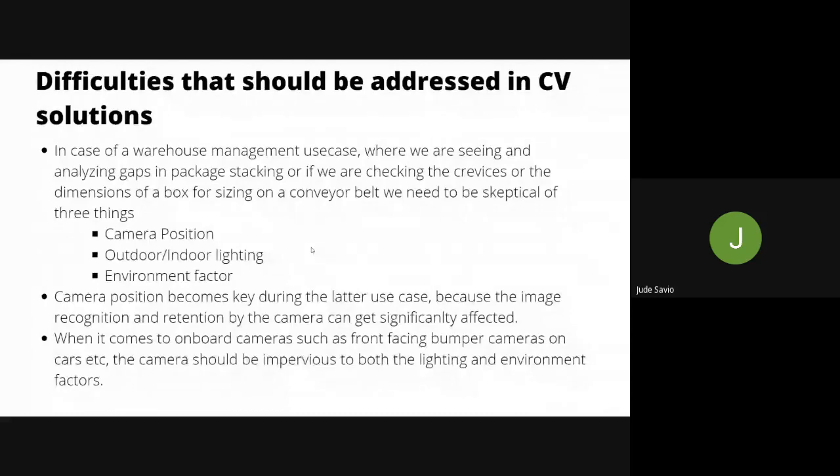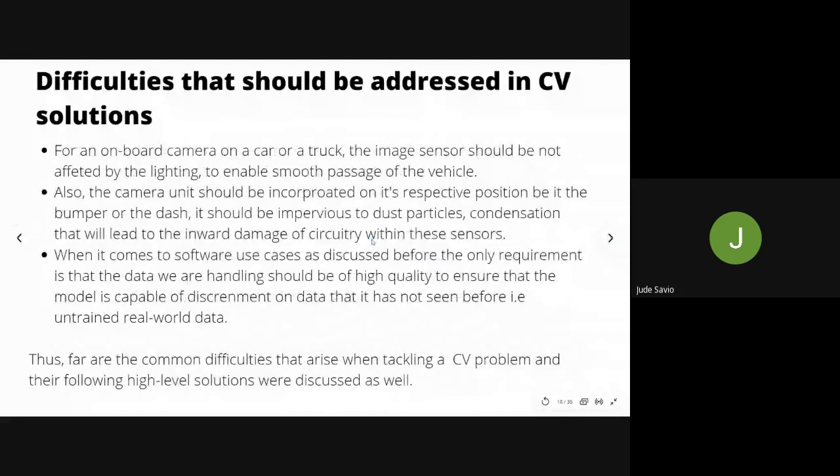And when it comes to onboard cameras as well, such as the front facing bumper cameras on cars, the camera should be impervious to both the lighting and the environment factors, so it should not be susceptible to the environment and get worn down over time, right? And for an onboard camera on a car or a truck, the image sensor should not be affected by lighting, so it should be able to pick up whether it is day or night. It should be able to provide a smooth passage of the vehicle.